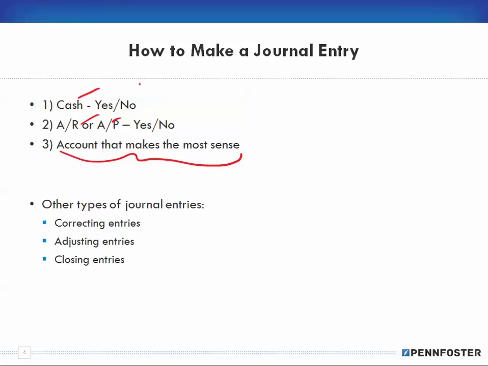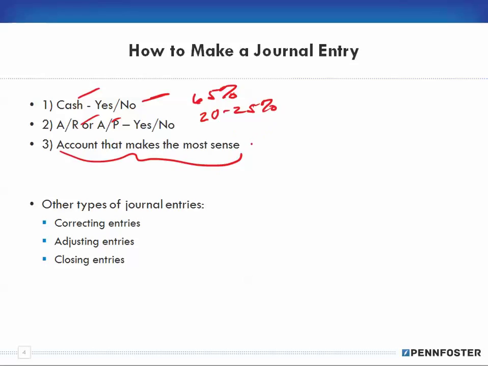In making journal entries, you can go back and watch the other videos and the homework assignments as to my thought process and how I ask myself those questions. We use the cash account the most. I'm just going to guess, but let's say 65% of the time we use the cash account. Accounts receivable and accounts payable, we might use 20 to 25% of the time.